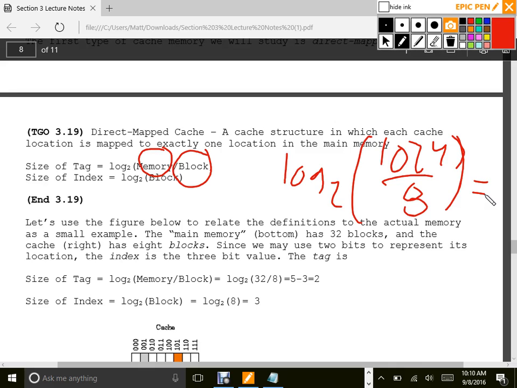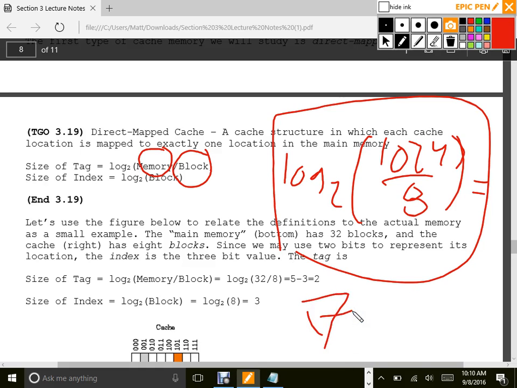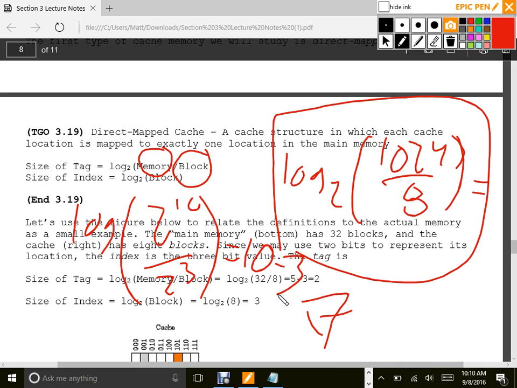So we know that 1024 is 2 to the 10. So what's 8? 2 to the third. So what does that mean if I have 10 and 3? 2 to 7. Oh, 2 to 7. Log base 2 is 7. So that means that becomes log of 2 to the 10 over 2 to 3, which is equal to 10 minus 3.